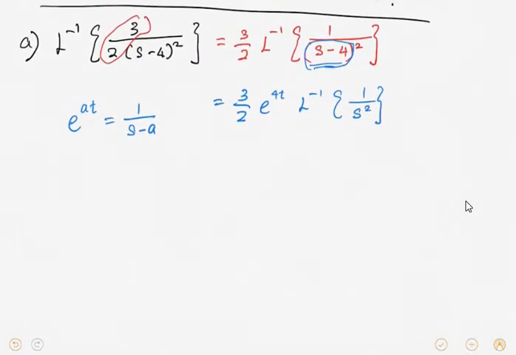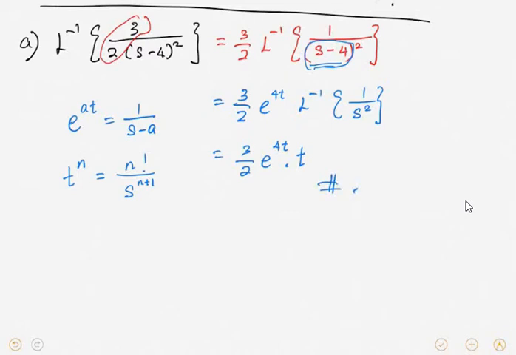What can we do for the inverse Laplace transform of 1 over s squared? Don't forget we have t power of n equal to n factorial over s power n plus 1. So in this case, n is 1. Okay, n is 1, so your answer will be t.